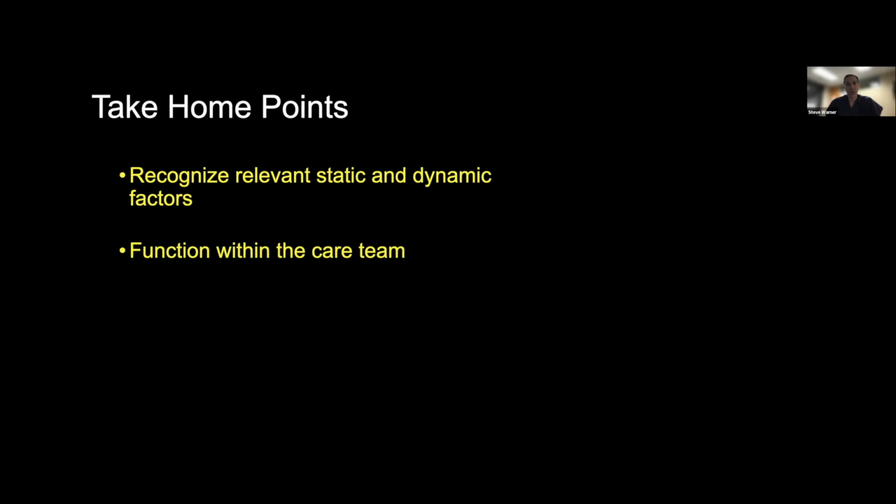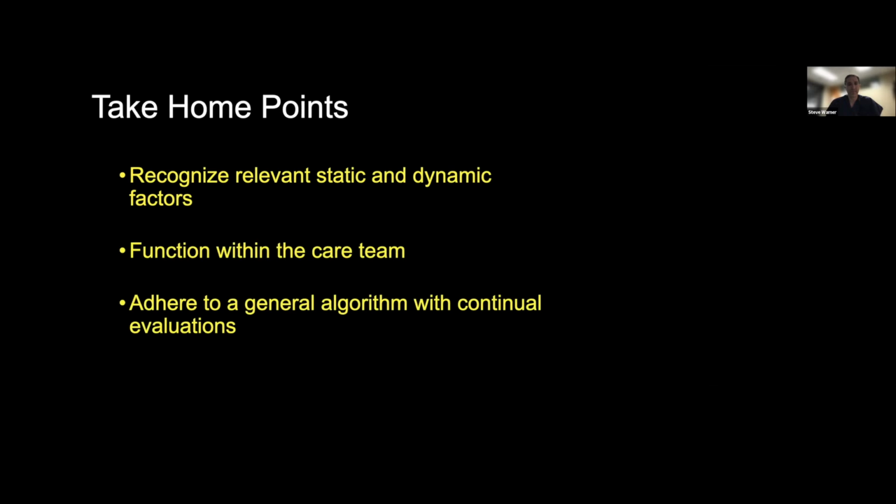Having a very good working relationship with the general surgeon, trauma team is critical, as well as the neurosurgery team and other surgical teams taking care of these patients. Lastly, adhering to a general algorithm with continual reevaluation or assessment of the patient as they're being resuscitated is critical to know what the patient's physiologic status is and what trajectory they're going into, to be able to determine what surgeries they can sustain.